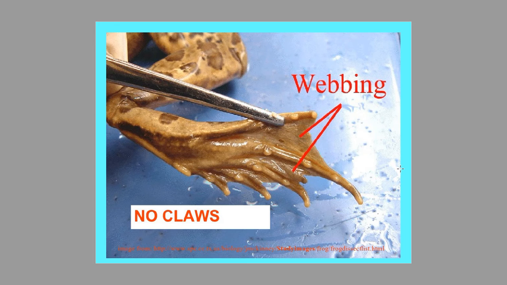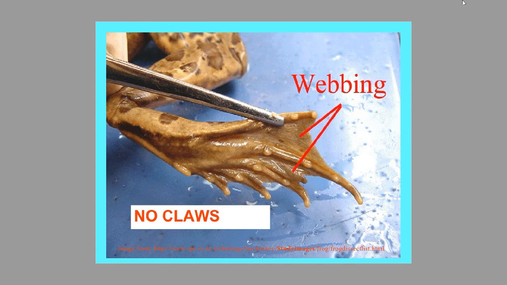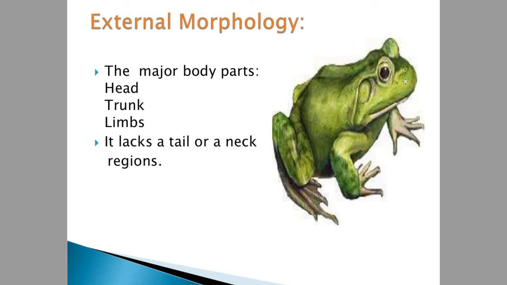The forelimb has 3 divisions: upper arm, brachium, forearm, antebrachium, and hand, manus.